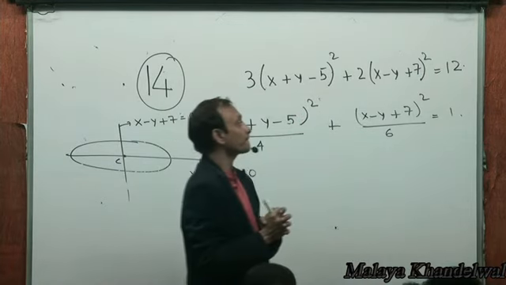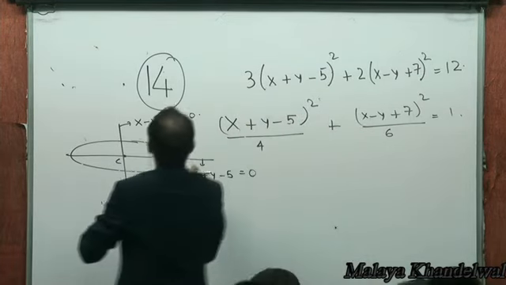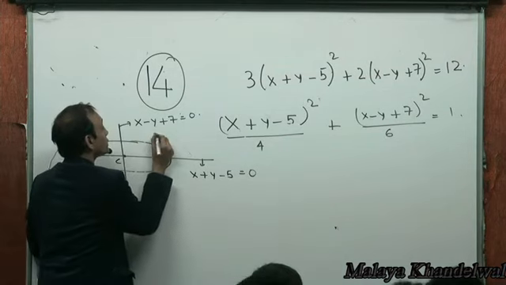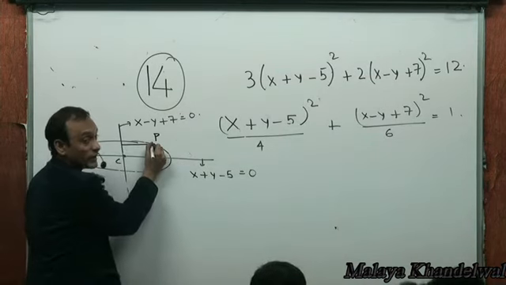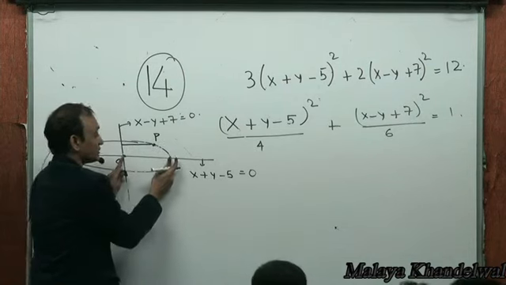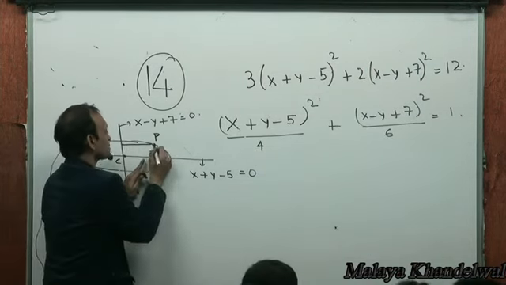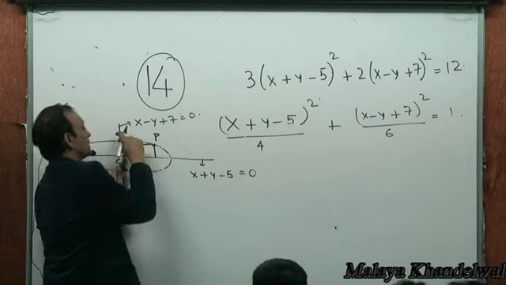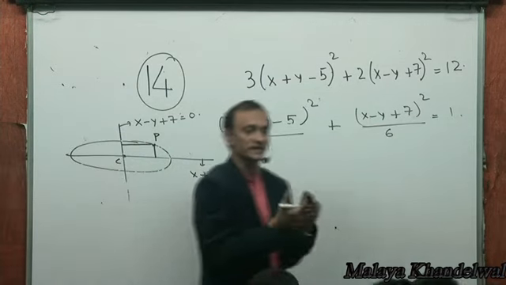Now, essentially, the distance of P from this line squared divided by this square, plus the distance of P from this line squared divided by this square, equal to 1 is the equation of the ellipse, right?